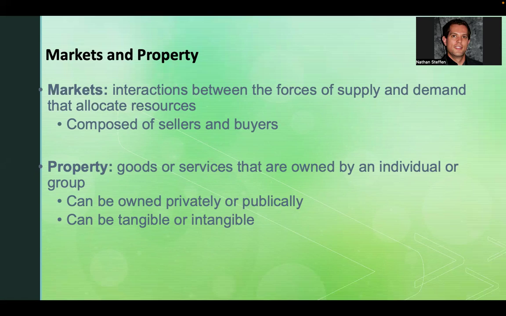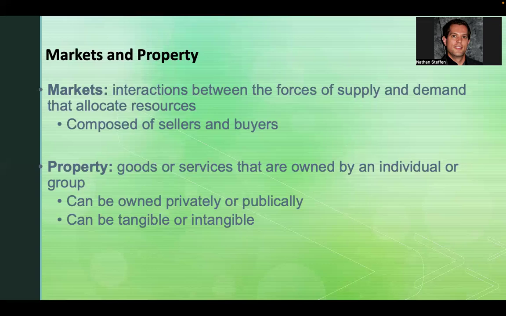The main actors in markets are sellers, those who create the products and the supply, and buyers who seek to purchase those products and drive the demand. Markets emerge spontaneously. They can be difficult, if not impossible, for states to manage due to the multiple actors engaging with them.